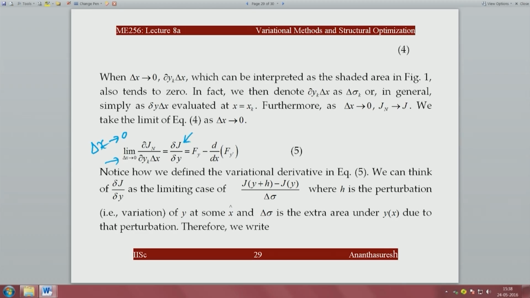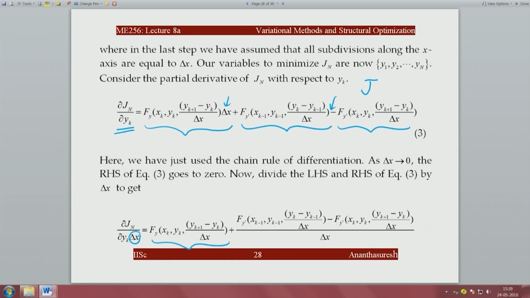So, the variational derivative, the way we get it, we see what we get as f_y. When I write f_y, our notation is that it is ∂f/∂y. Similarly, here we have f_y', which means ∂f/∂y'. How did we get this equation 5? It actually is nothing but what we have over here.